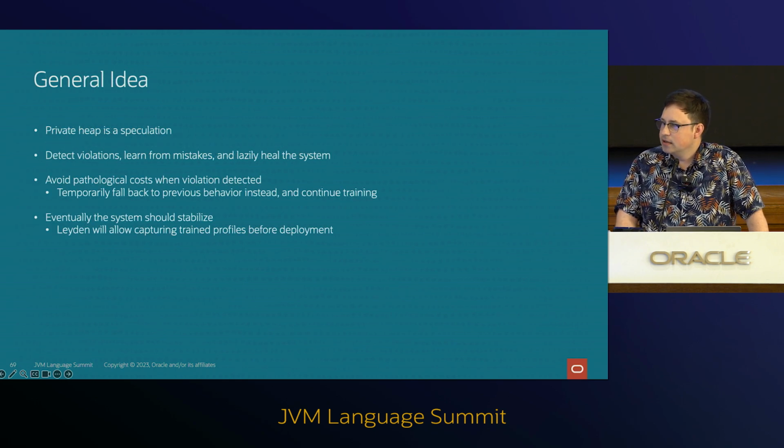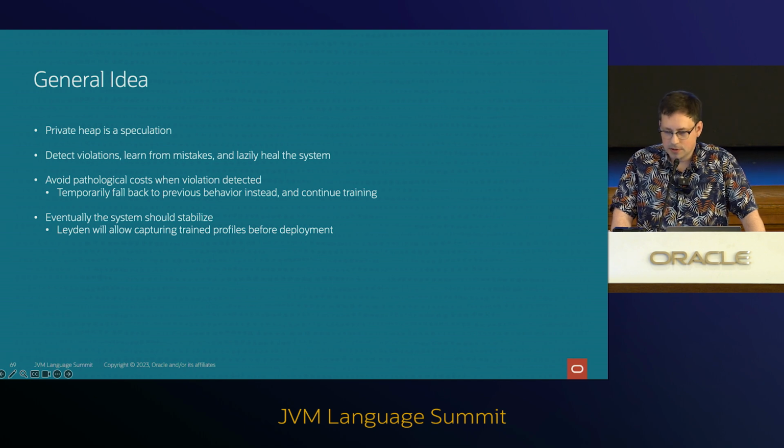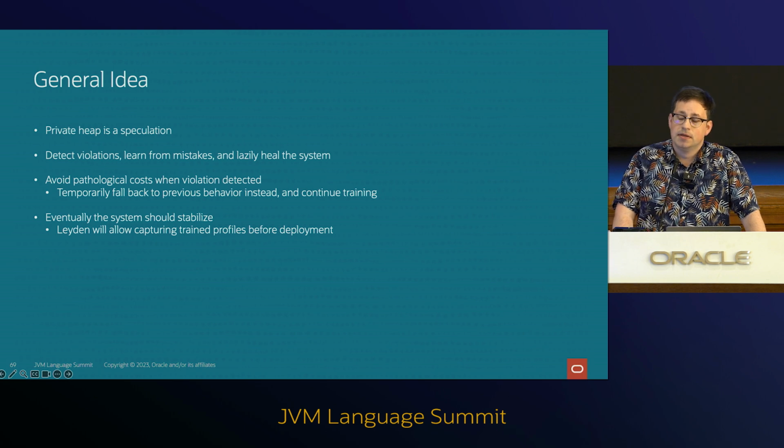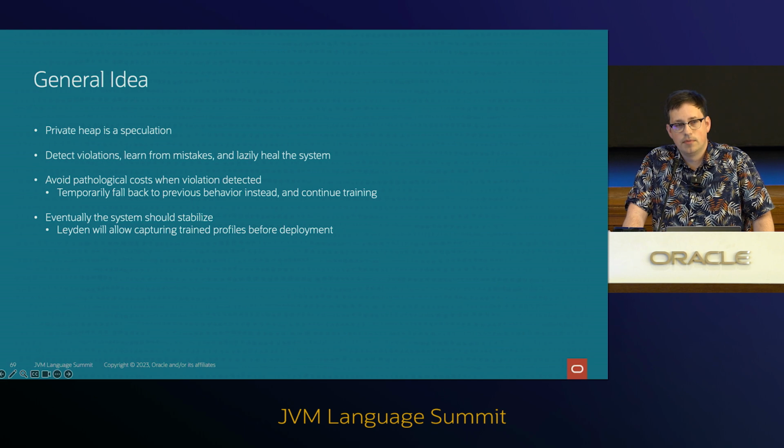So the general idea is that we speculate which objects are private. They live in something called a private heap, and we detect violations to the speculation, learn from our mistakes, and lazily heal the system. And we also want to avoid pathological costs when the violations are detected. Some other possible designs would be to do some expensive unbounded tracing when you have violations at the point of a store.